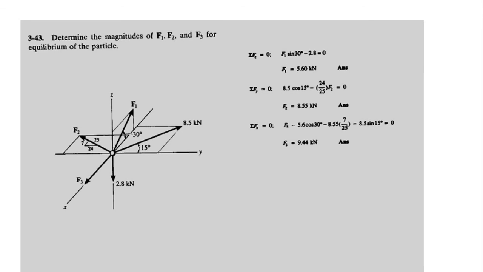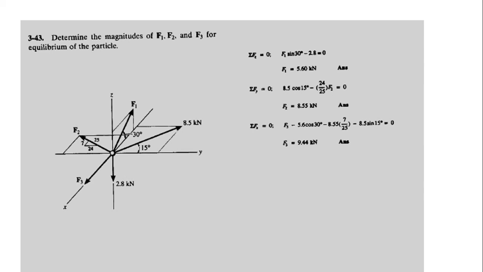Okay, we go to another numerical. Determine the magnitudes of F1, F2 and F3 for the equilibrium of the particle. So you have your XYZ axes. This force F3 is lying on the x-axis. There is another force F2 whose hypotenuse orientation is given.